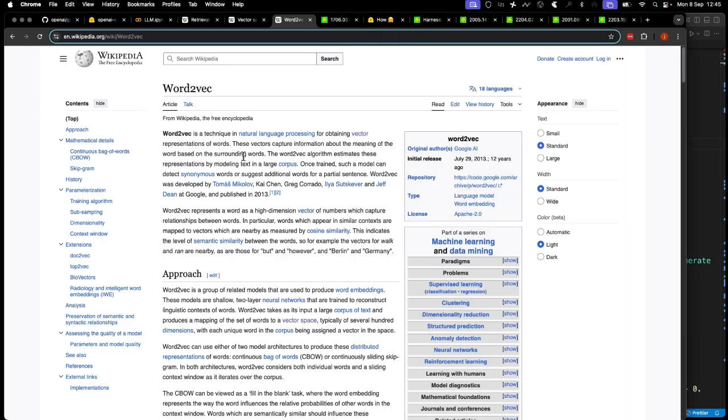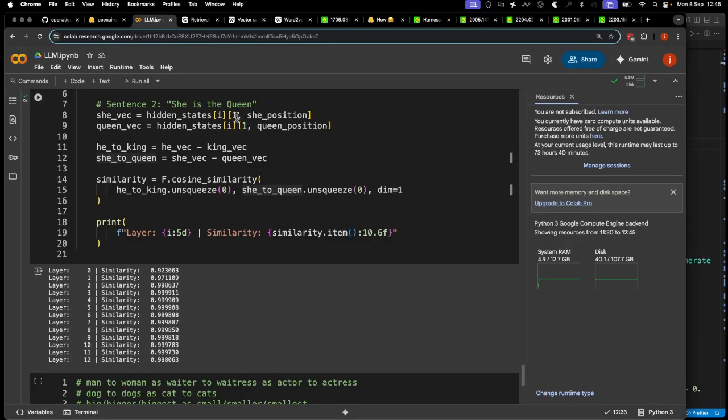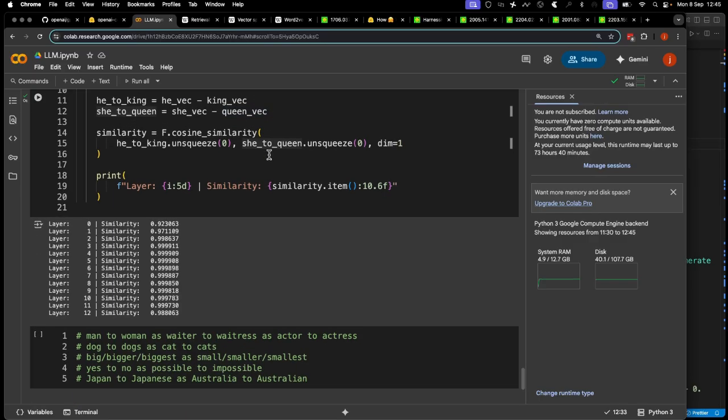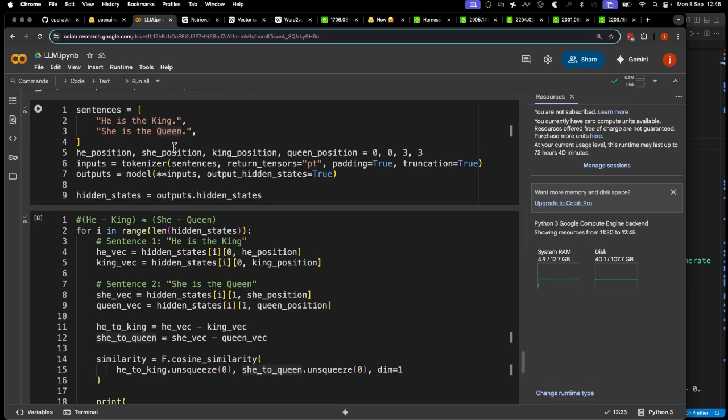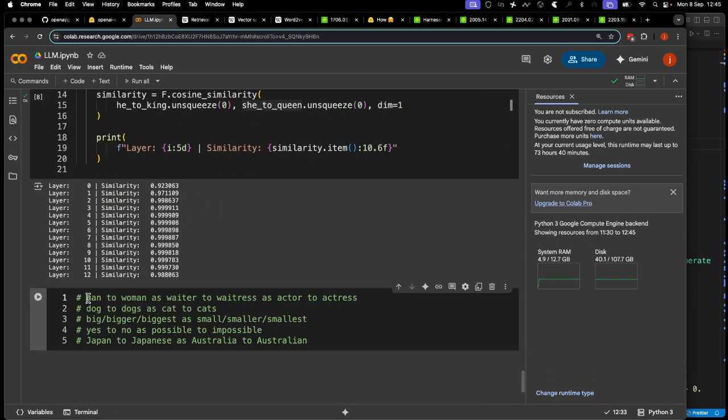All right. When we come back to this notebook, we can do some additional exercises. Maybe this can be something you can do. Other than this king and queen exercise, we can even do man to woman as waiter to waitress, as actor to actress.